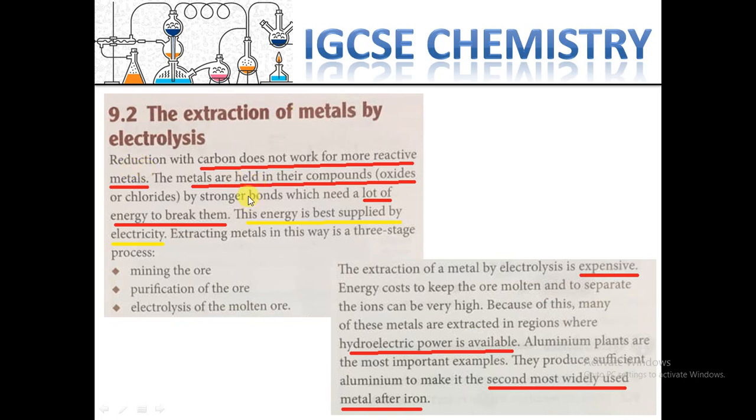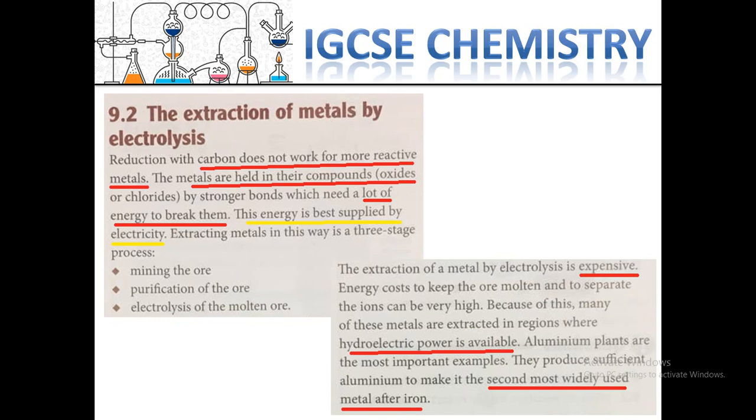we need to use it because some reactive metals cannot be extracted by carbon. They make a very strong connection with the other components, so it's not easy to extract by using carbon reduction methods.